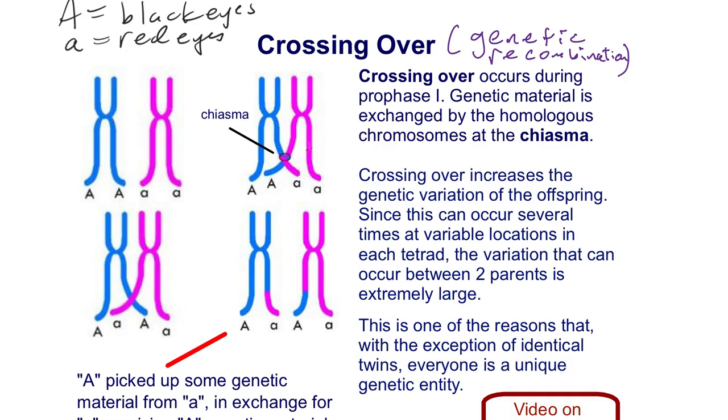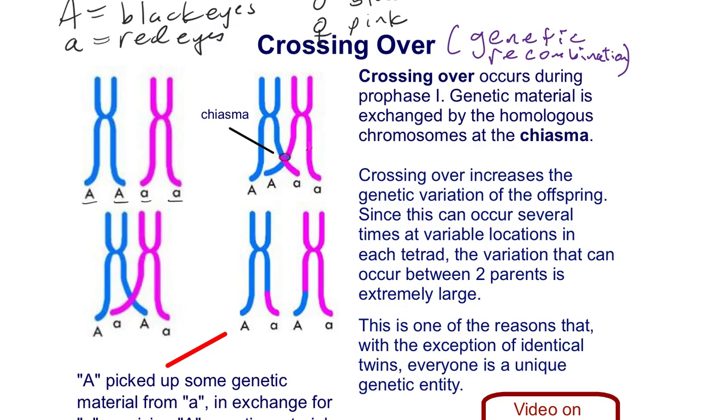Let's say blue is dad, the gene that you got from your dad, and red or pink is the gene you got from mom. Okay, so dad has big A, so he has black eyes. And your mom had red eyes.